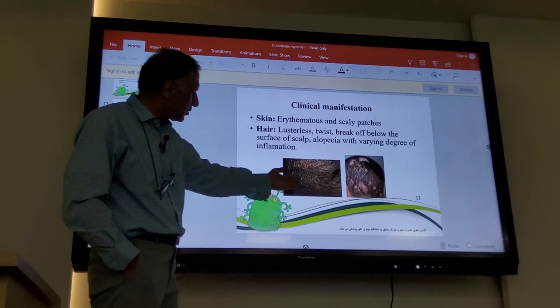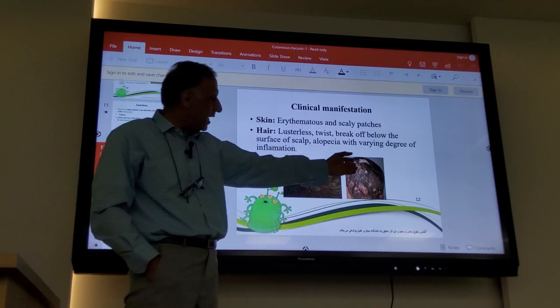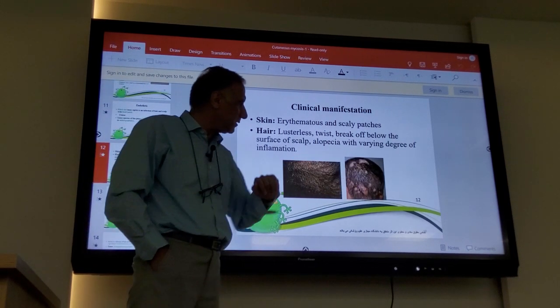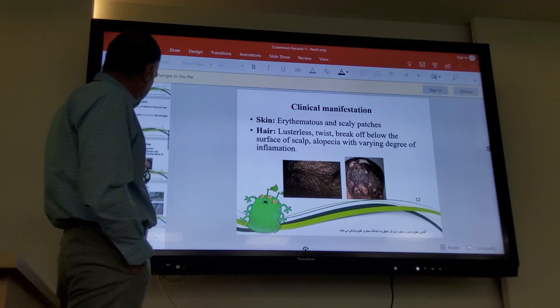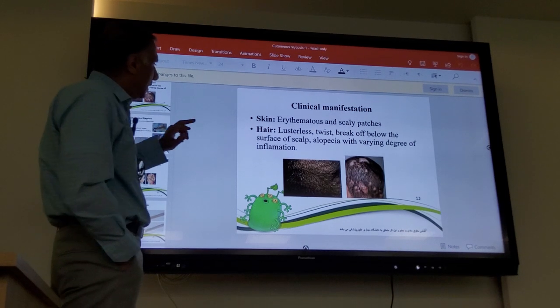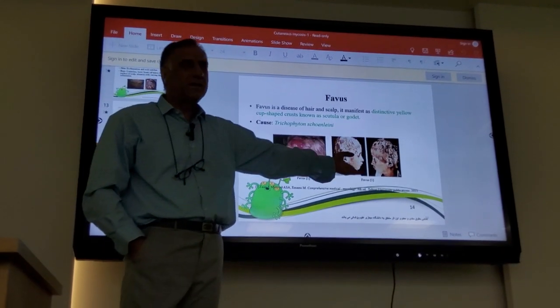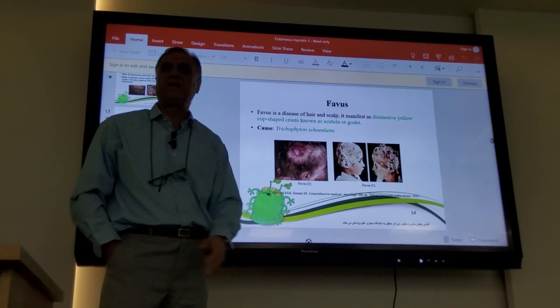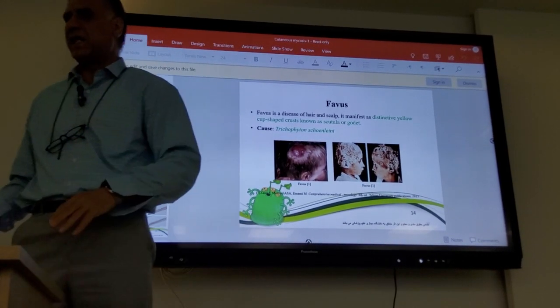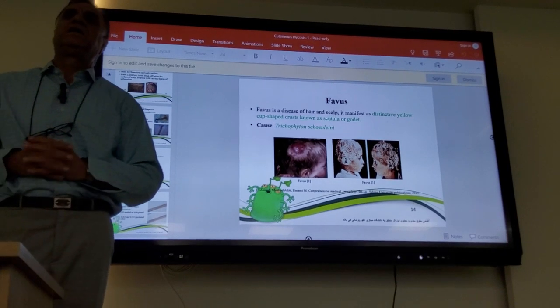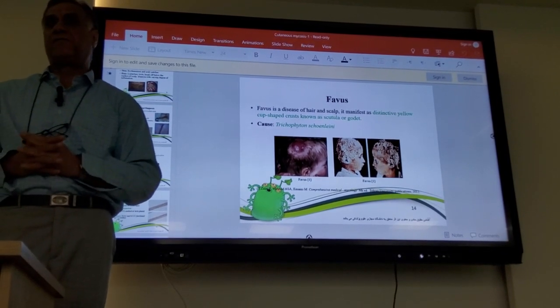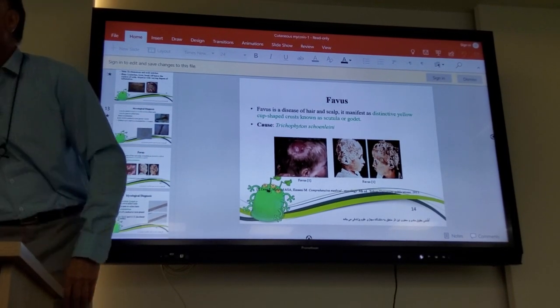In this picture, you see black dots and a gray patch in another patient. And favus in these children: multiple reactions, multiple clinical signs you can find on a scalp.